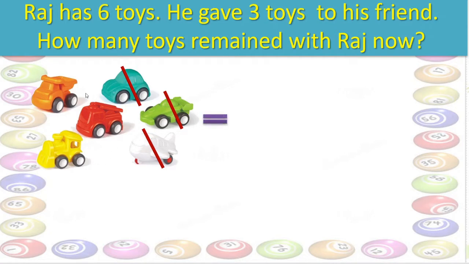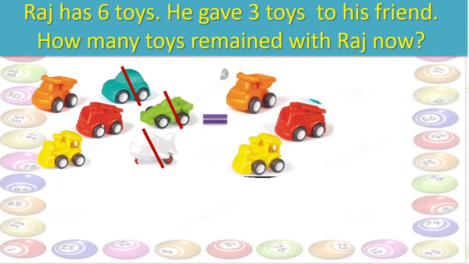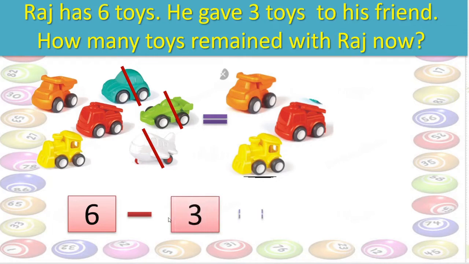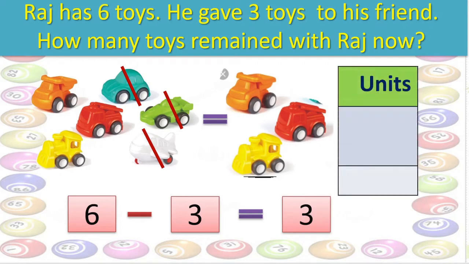Come on, tell me. Yes, count these. 1, 2 and 3. Isn't it? These 3 toys remained with Raj. So the same thing we will write using numbers, that is 6 minus 3 is equal to 3, right? Same thing we will write in one more method. See here units. How many toys did he have earlier? 6.